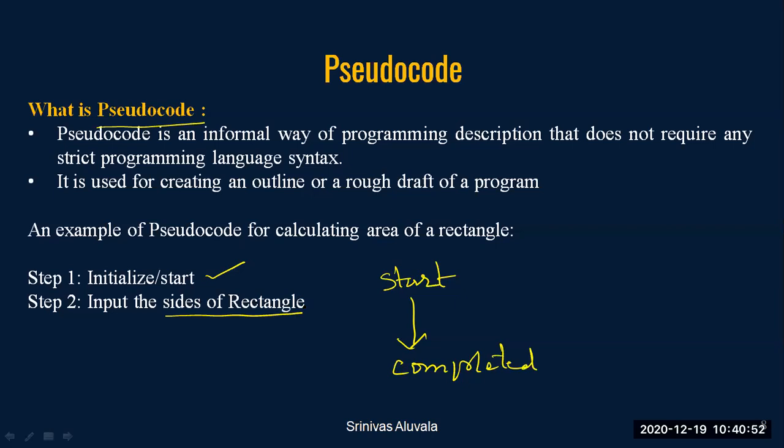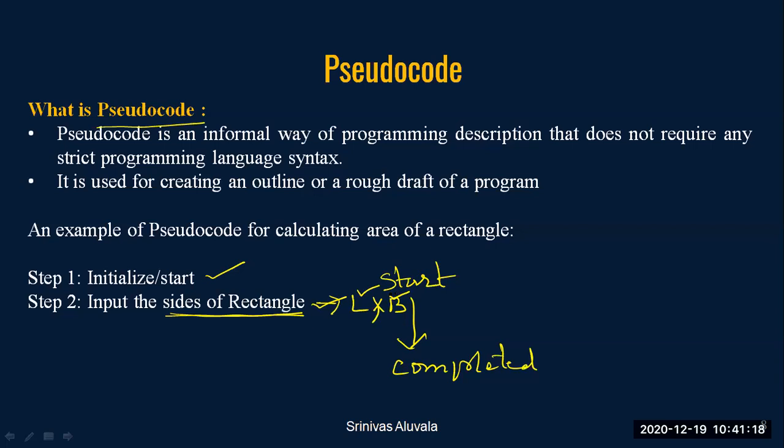In the algorithm, specifically I mentioned inputs, that is L and B. In pseudocode, what is needed for my problem to get the solution? I need the sides of the rectangle. In the algorithm, the sides of the rectangle are specified as L and B. That means I need the length and the breadth.